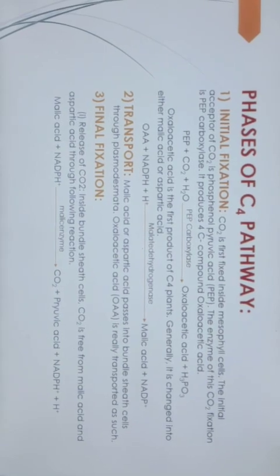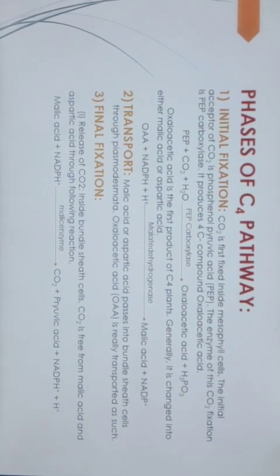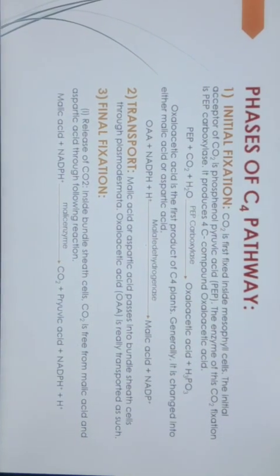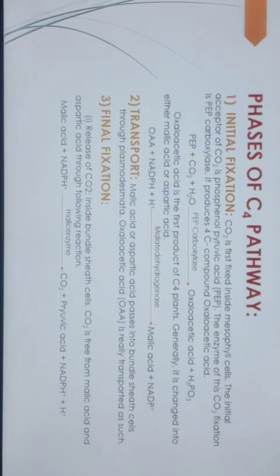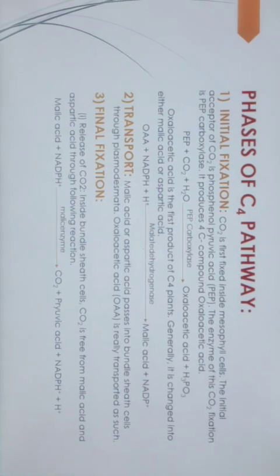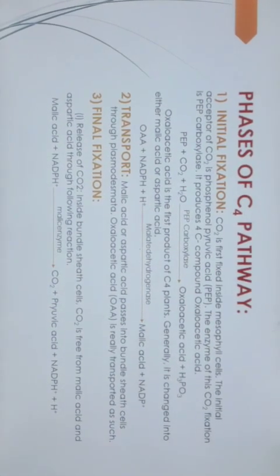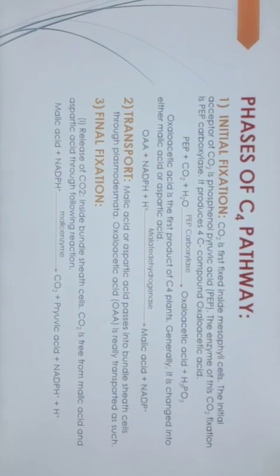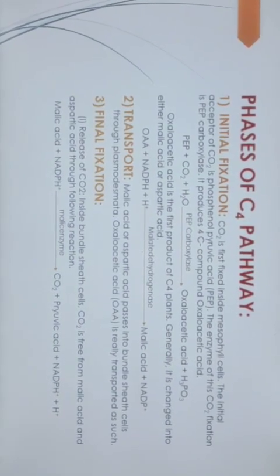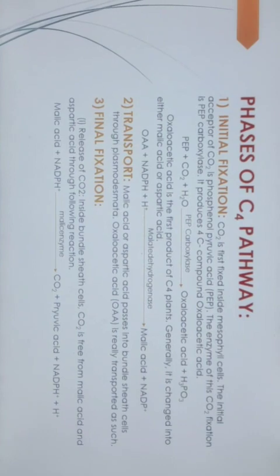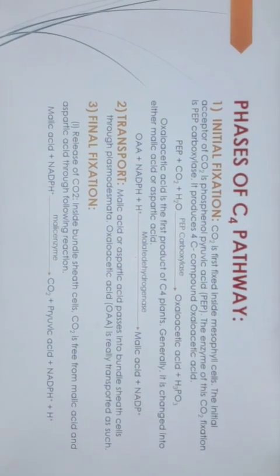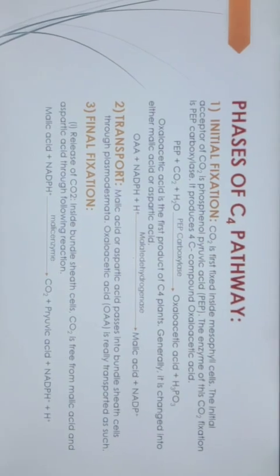Now the transport is the second step of the C4 pathway. Initially the fixation of carbon dioxide was done. Now for the transport, malic acid or aspartic acid passes into the bundle sheath cells through plasmodesmata. Oxaloacetic acid is not transported as such. Now the final fixation, that is the release of carbon dioxide.